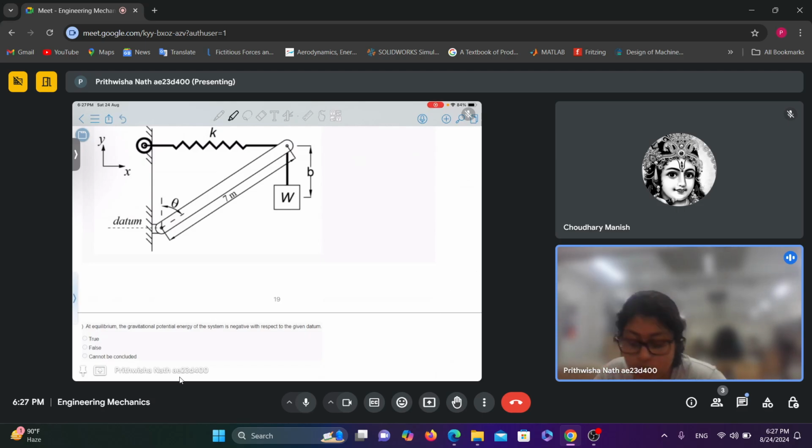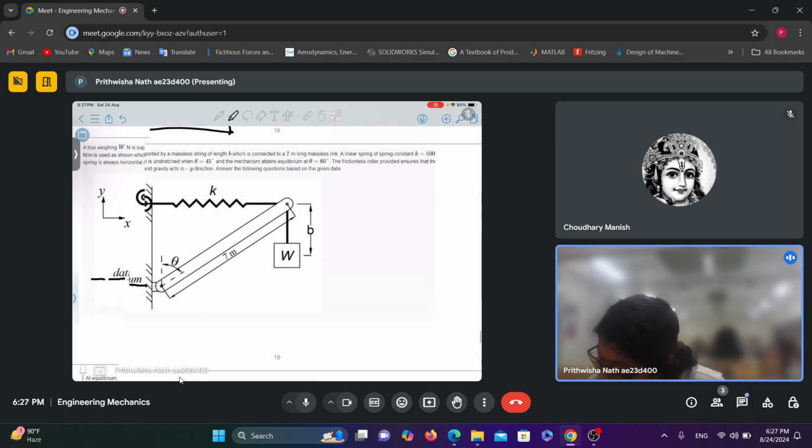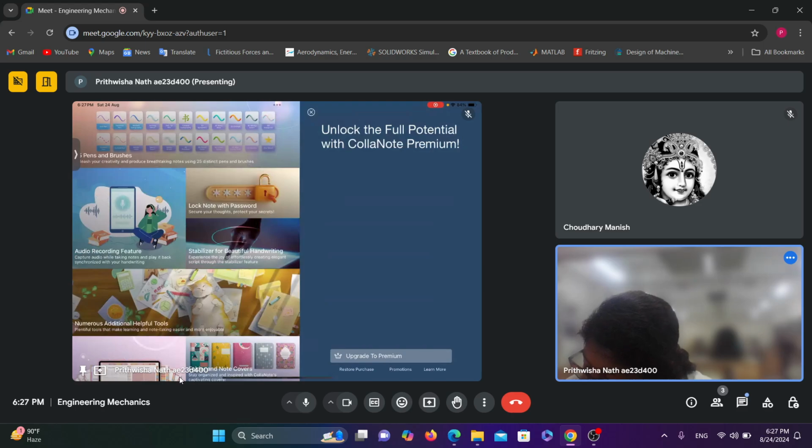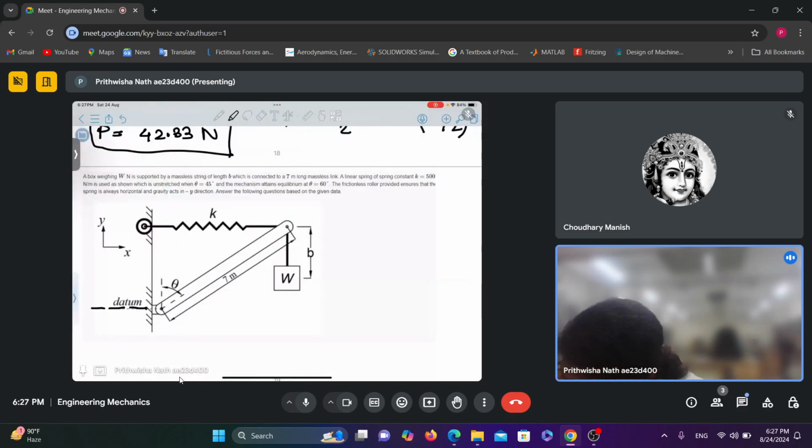Is it true or false? The datum is here. This is the datum level. This link is massless and the string is also massless, so we just need to consider the weight of this box.